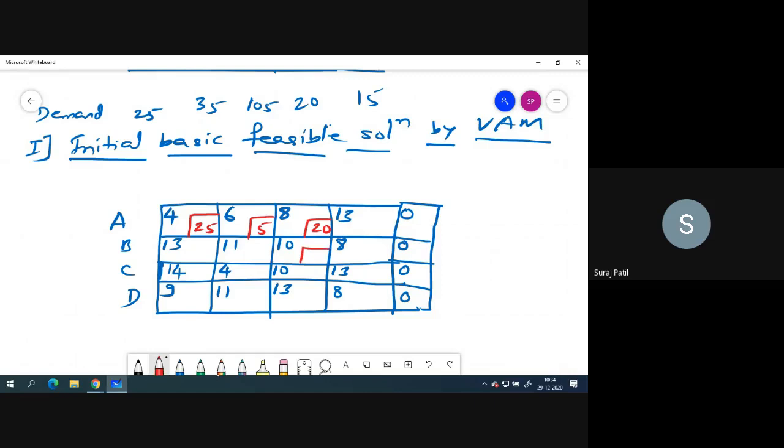This is 70, and this is 30, and this is 15, this is 20, this is 50. So this is the solution I have got from Vogel's approximation method. This is the dummy.